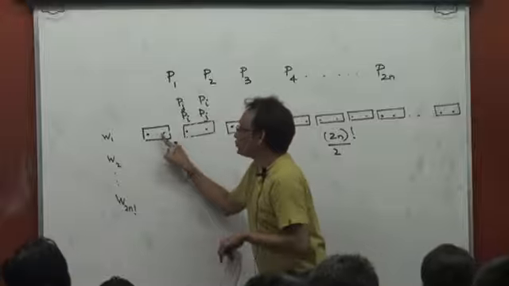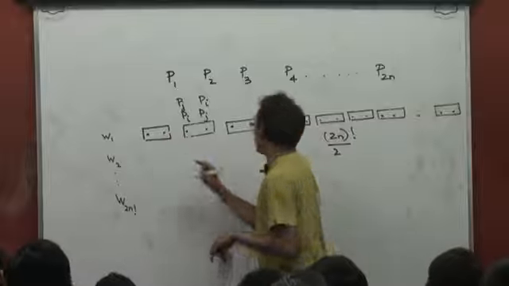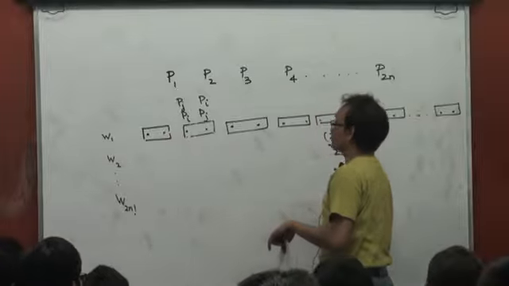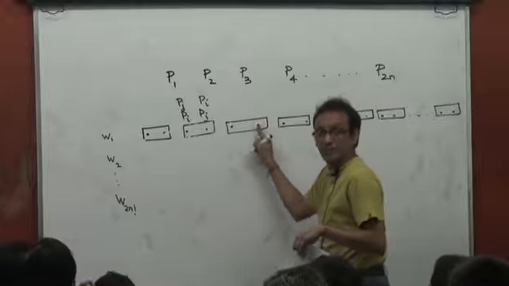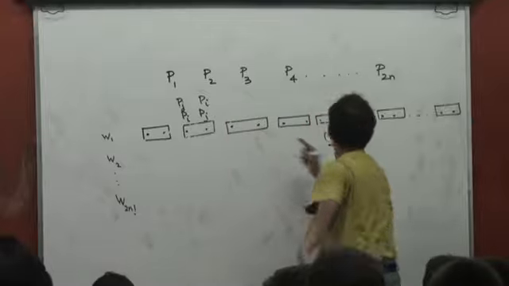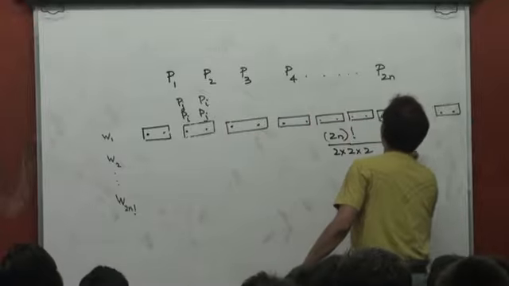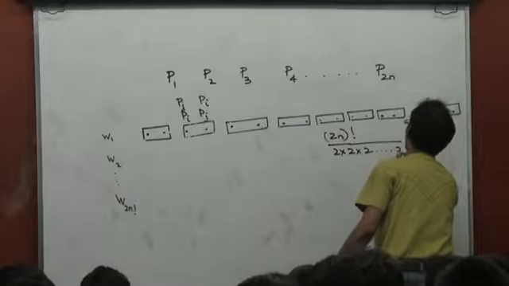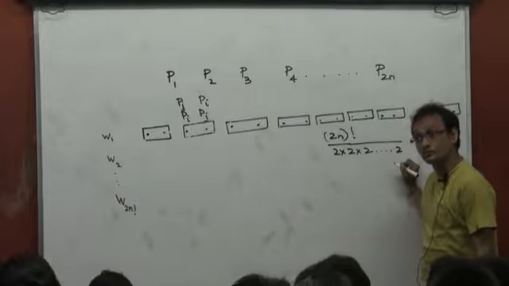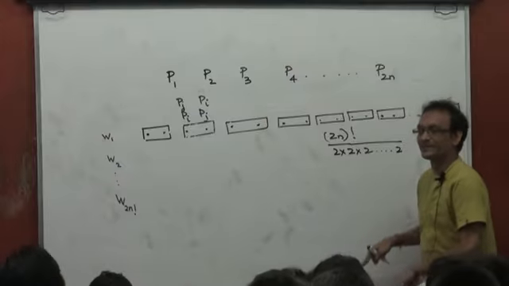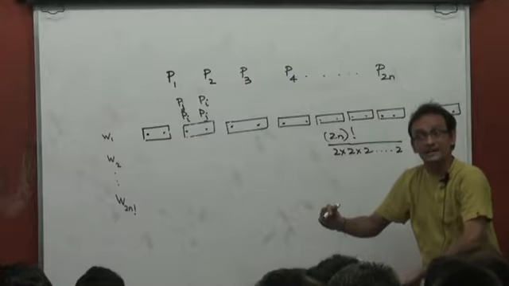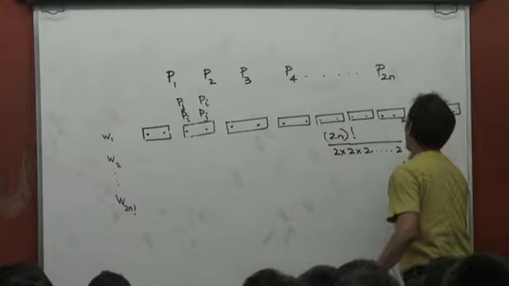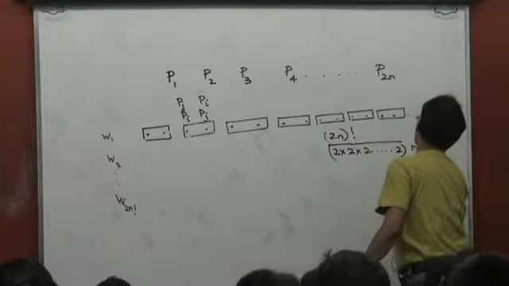For this also you should divide by 2, and this also, so that pi pj is the same as pj pi appearing here. Each of these slots you divide by 2. That's one thing that you do. And then again there are n of these slots, and to suppress that count of arrangement you divide by n factorial.